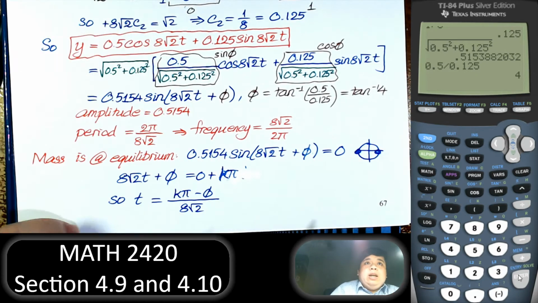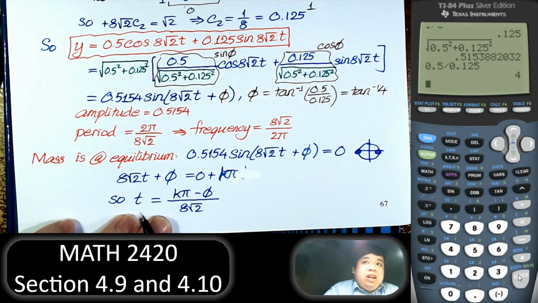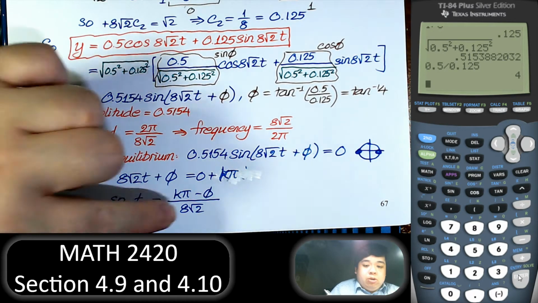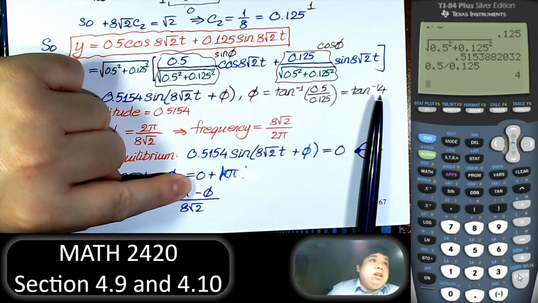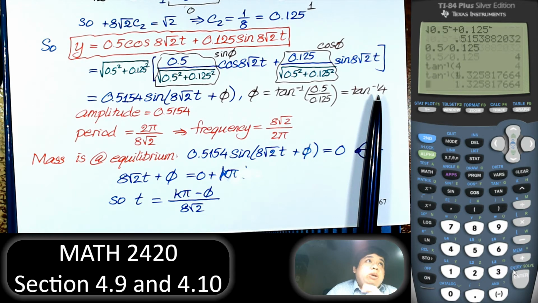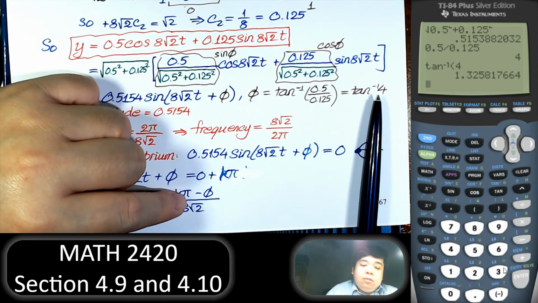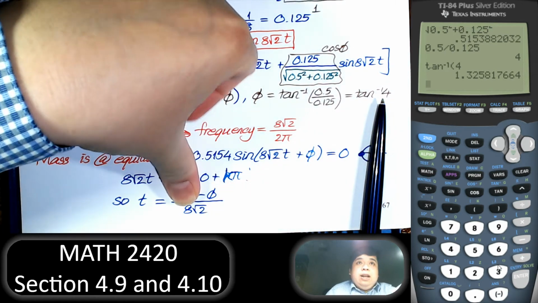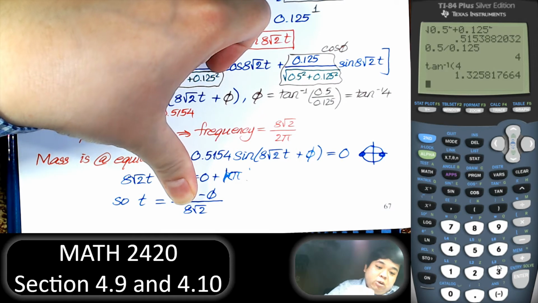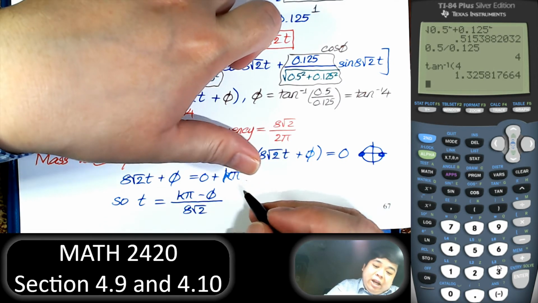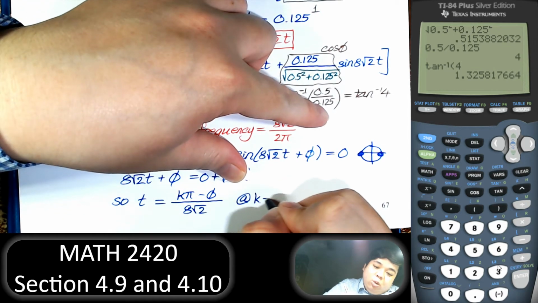Now just choose, if k equal to 0, t is negative, time cannot be negative, right? So that's why we cannot choose k to be 0, otherwise it will be negative. Tangent inverse of 4, keep that in range, yes. So tangent inverse of 4 is going to be positive. So if k is 0, that is negative, it doesn't work. So the first time it will pass through the equilibrium is, I mean at k equal to 1.